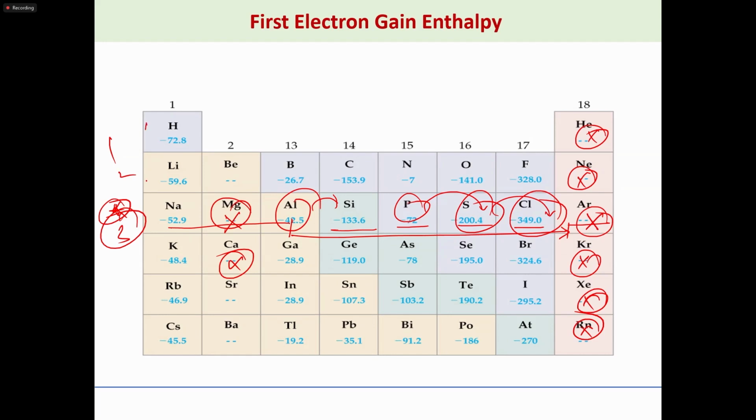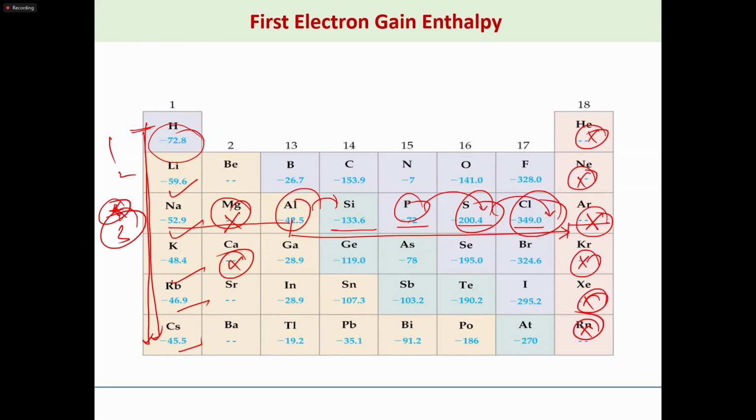If you look along the group, going from up to down, hydrogen is minus 70.8, lithium decreases, sodium also decreases, and potassium, rubidium, cesium always decrease. Because the size increases, the number of inner electrons increases, the shielding effect increases, and the attraction of the nucleus on the incoming electron decreases.